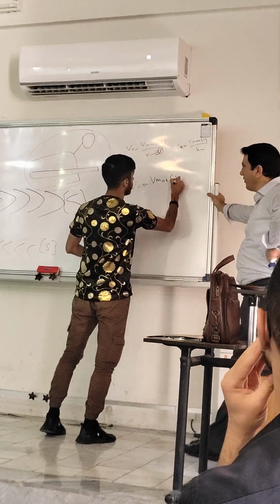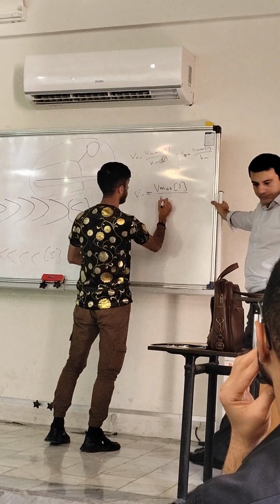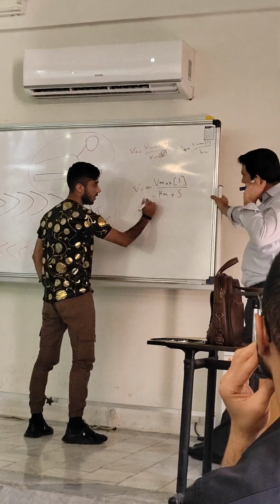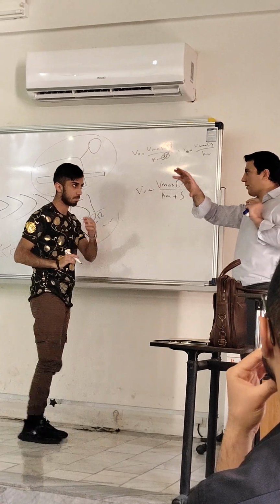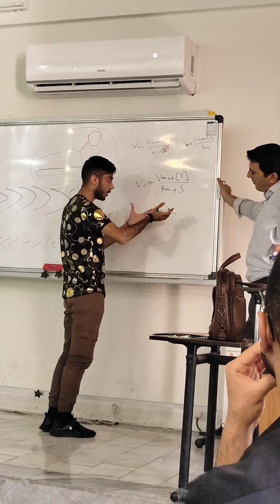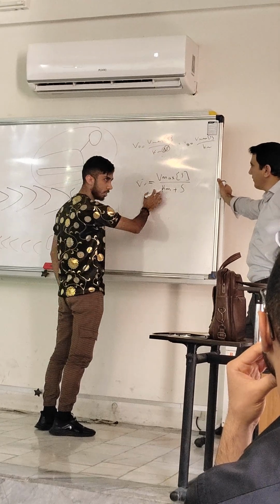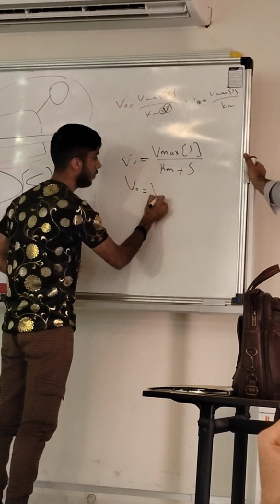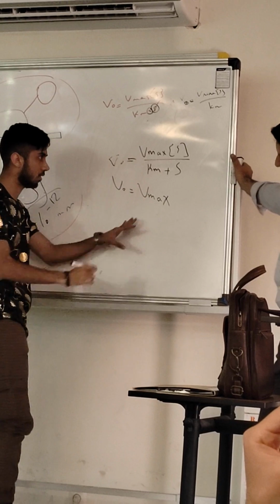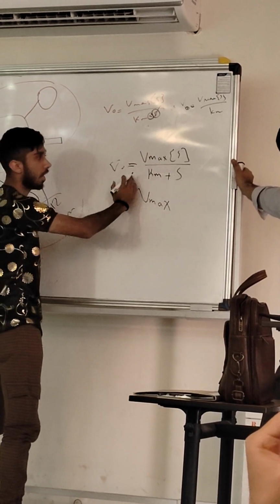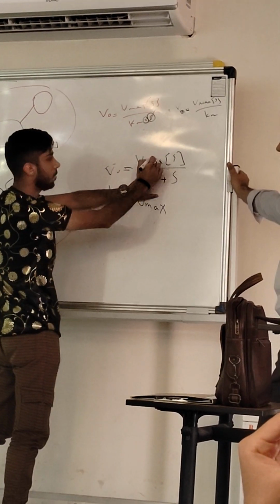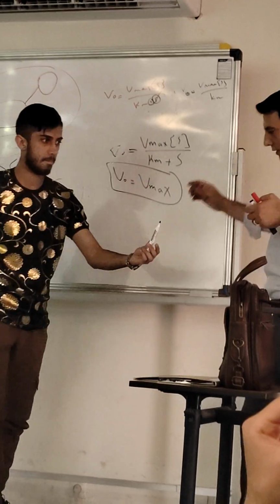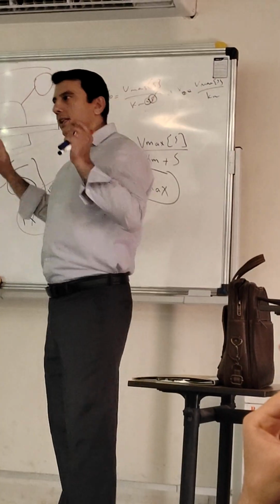I will mark S. Doctor, when this is very low, we can eliminate it, and we can eliminate this, so it will be Vmax. Very good. Since this is small, it is eliminated, the S cancels with the S, and only Vmax remains, so V0 equals Vmax. Do you understand that?